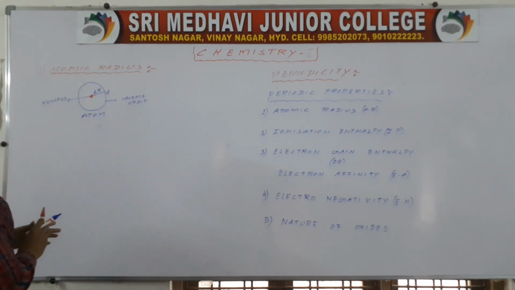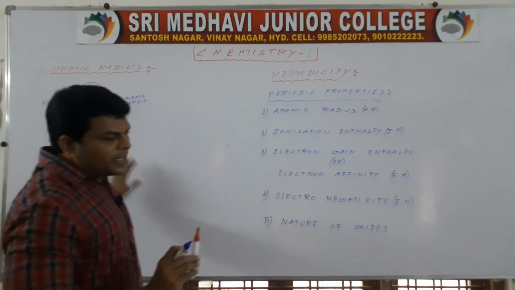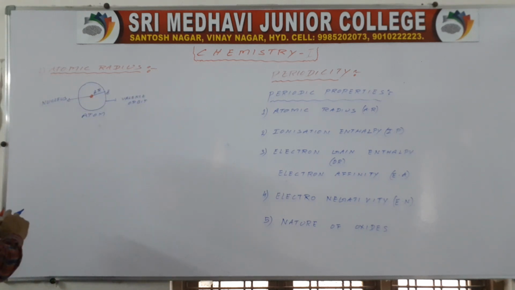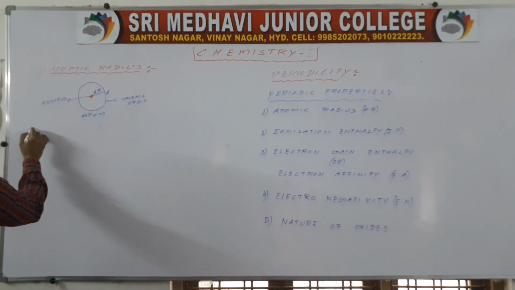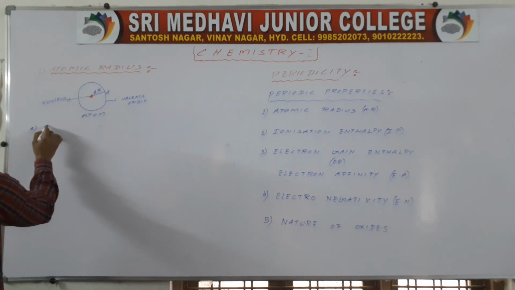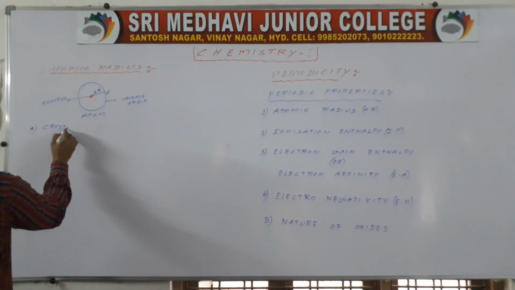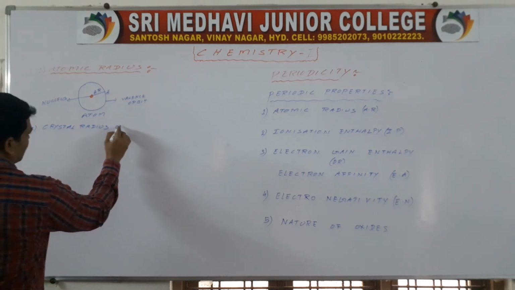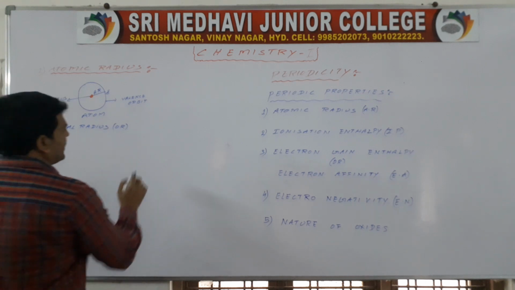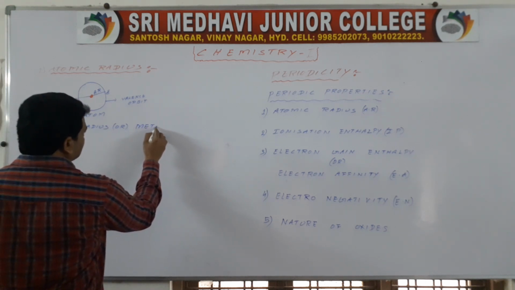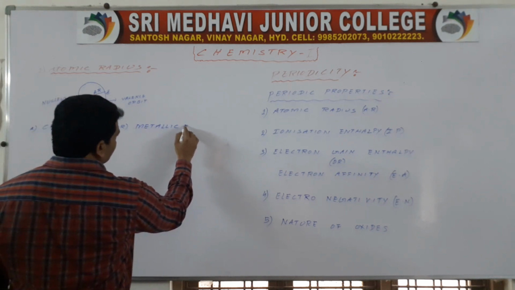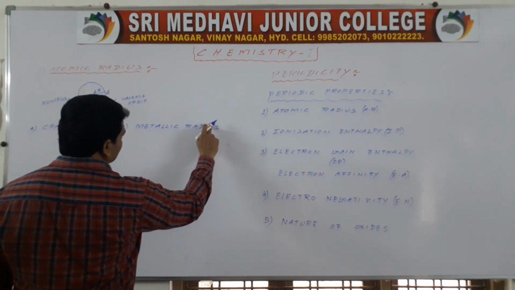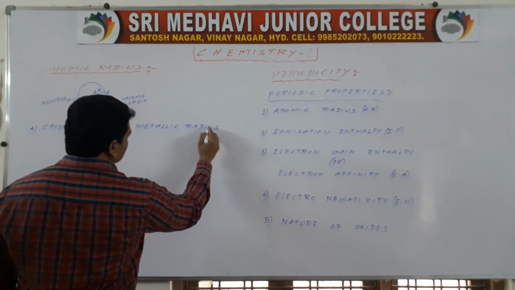Then atomic radius has many types. The types of atomic radius we are going to discuss. The first one is crystal radius, or metallic radius.